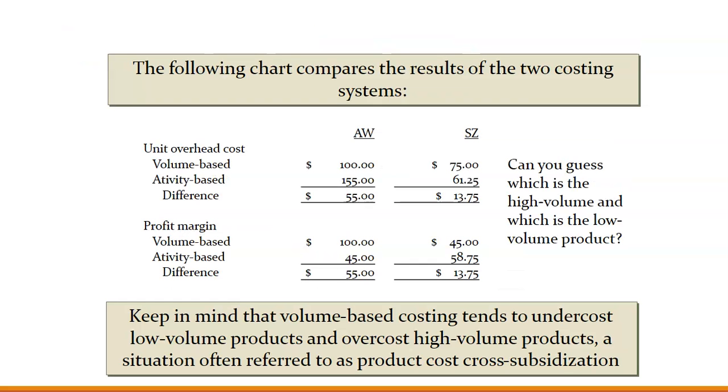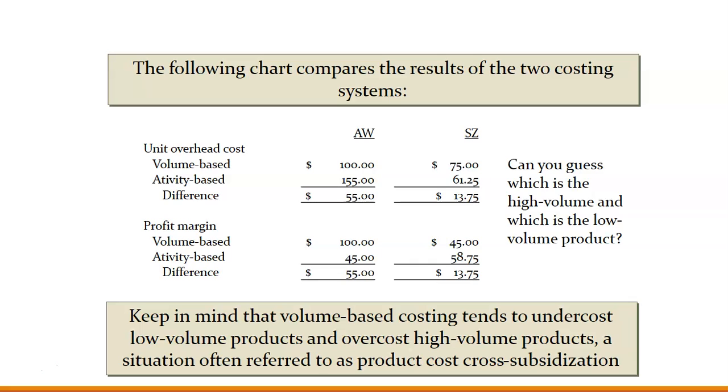So when we compare these two systems, in the volume-based, we were giving the AW line $100 worth of overhead and the SC line $75 worth of overhead. In the activity-based, we see that the AW line gets $155 of overhead and the SC line gets $61.25 in overhead. This then affects the profit margin of both product lines.